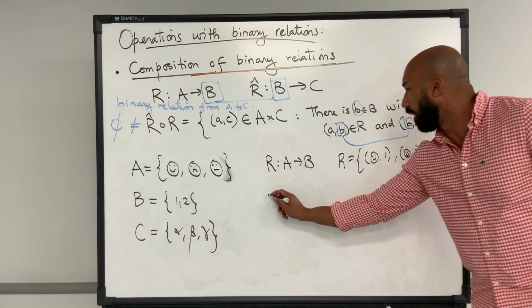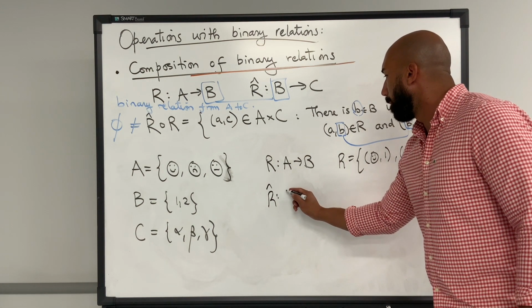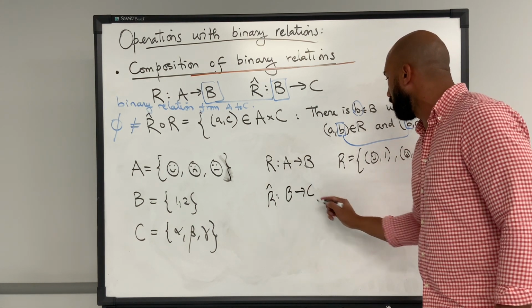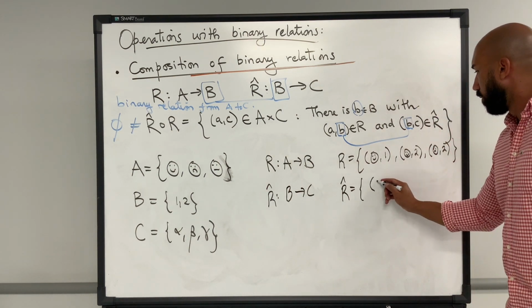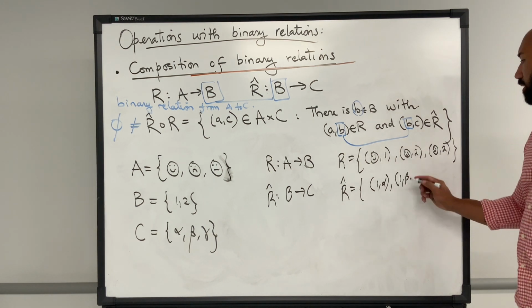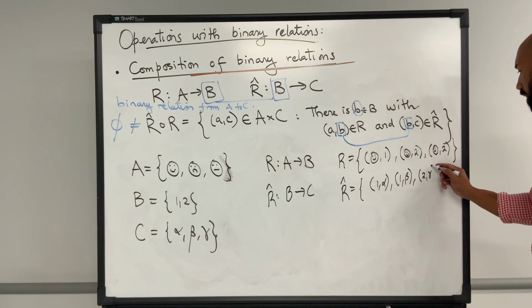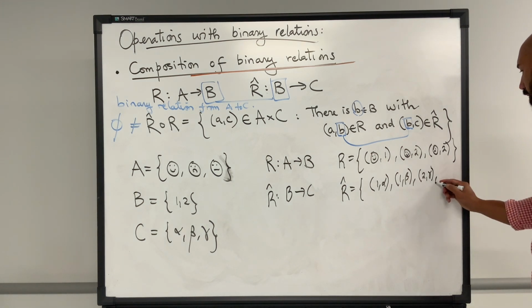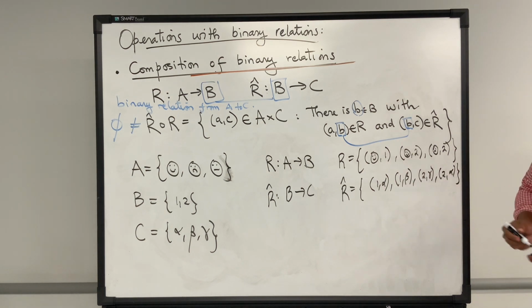And now R hat is gonna be from B to C, and we are gonna have 1 alpha, the first pair, 1 beta, the second pair, 2 gamma, 2 alpha. All right, this is R hat.